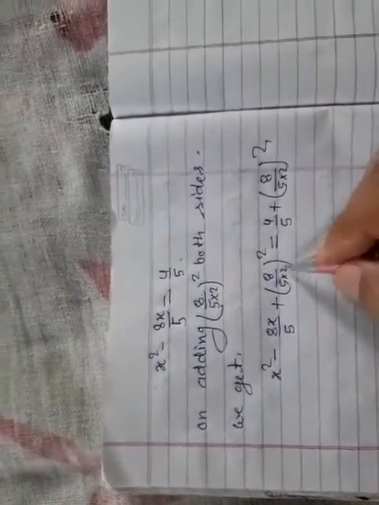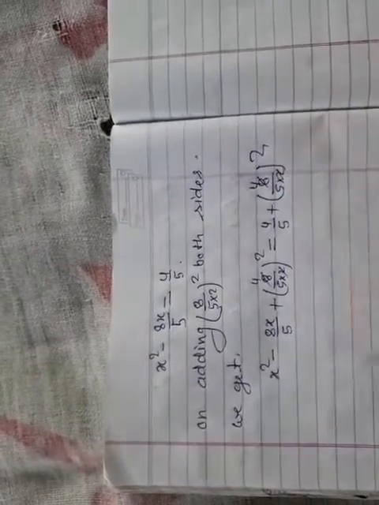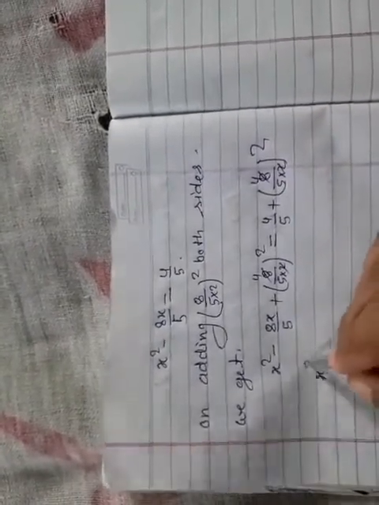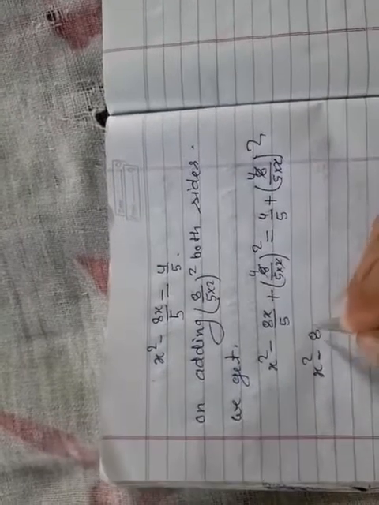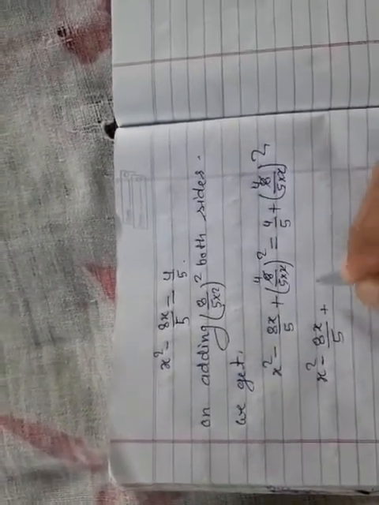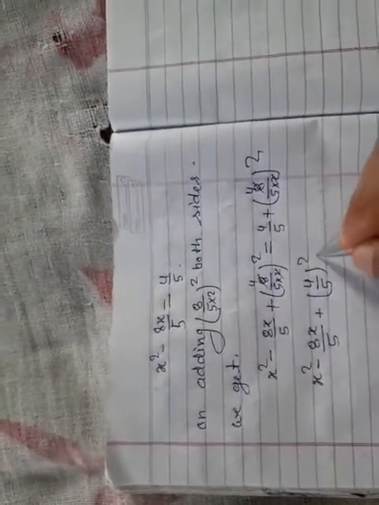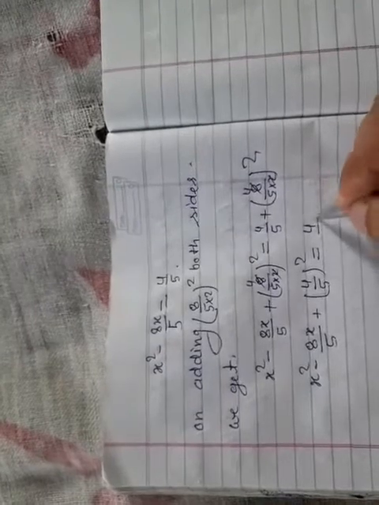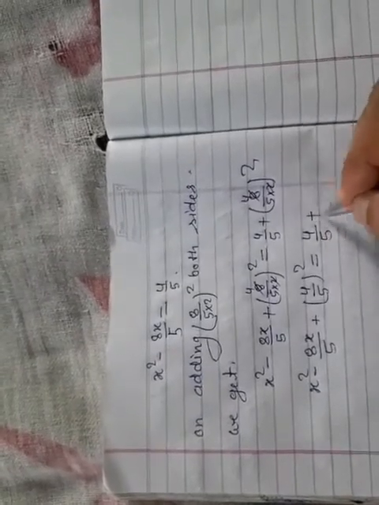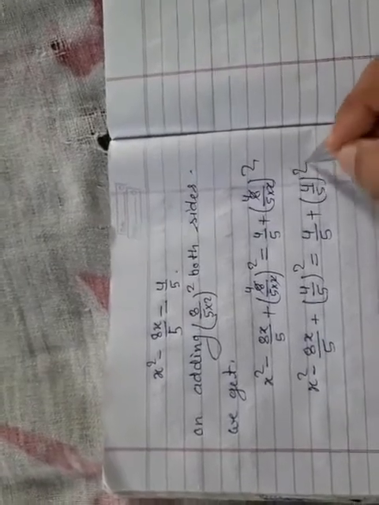Two fours are 8 and two fours are 8. Again this is x square minus 8x by 5 plus 4 by 5 whole square is equal to 4 by 5 plus 4 by 5 whole square. Is this clear?